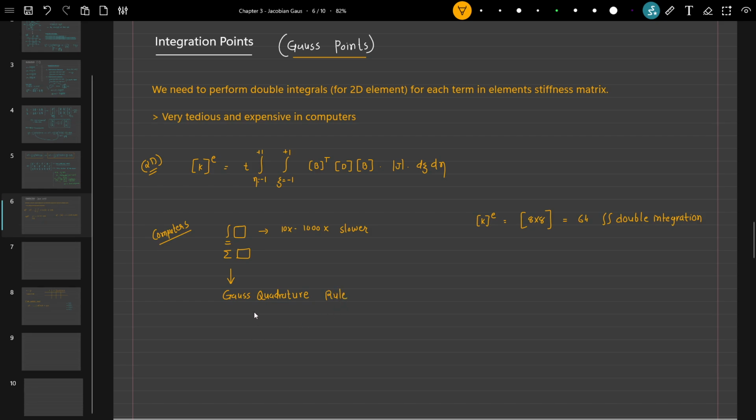What the Gauss quadrature rule does is it lets us move from integrals over the element domain to a summation at discrete points. So basically it is integration to numerical integration.